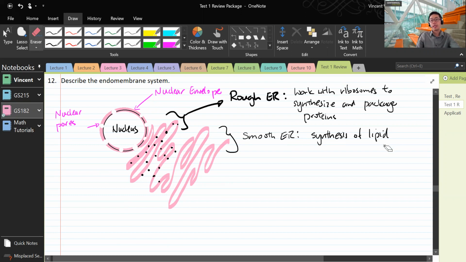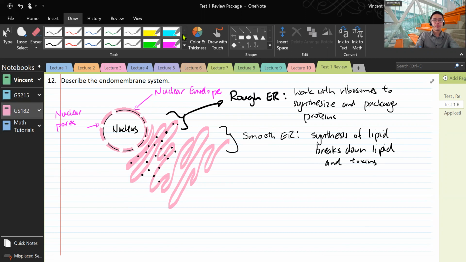Steroids, right? Steroid hormones, all that stuff would come from the smooth ER. Of course, it also breaks down, we talk about breaking down, lipids, not the other macromolecules. The other macromolecules go to the lysosome. It breaks down lipids and some toxins. Okay.